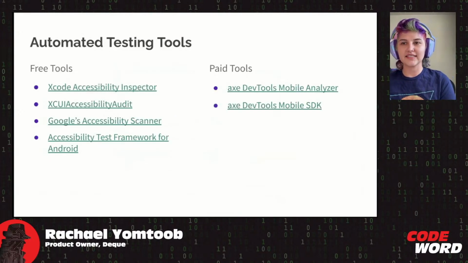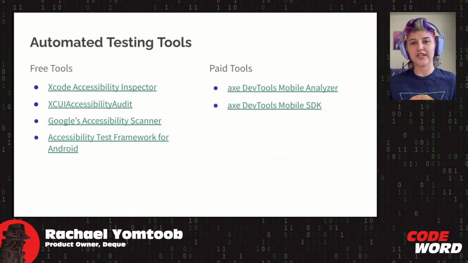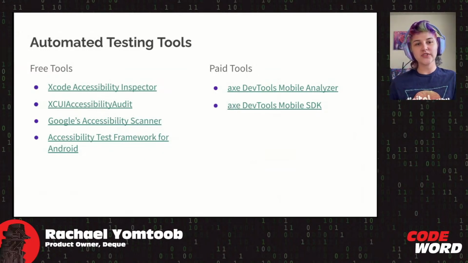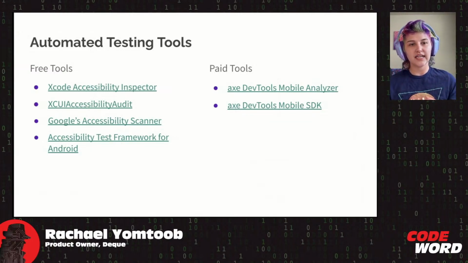So I know I'm almost at time here, so I just want to wrap up by sharing some resources that can help you build more accessible mobile apps. There are free tools from both Apple and Google. Apple has a tool called the Xcode Accessibility Inspector, within the developer tools in Xcode, which allows you to inspect and see the assistive technology properties, and it can also run a small audit for accessibility issues.